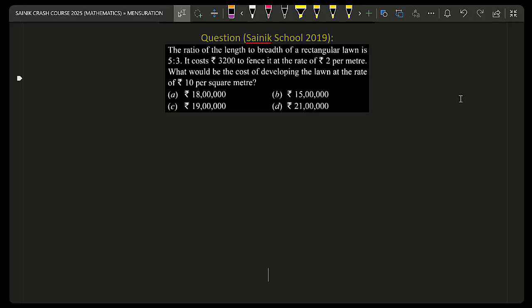Yes, Sriyansh, what is the ratio of length and breadth? Sir, the ratio is 5:3. Do you know the perimeter of the rectangle? Sir, 5 plus 3 into 2. No, how do you know length is 5 and breadth is 3? Their ratio is 5:3, but you don't know the actual values.